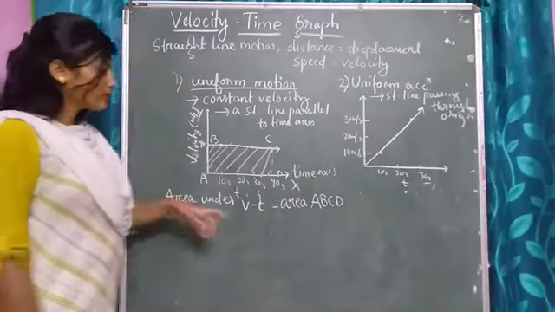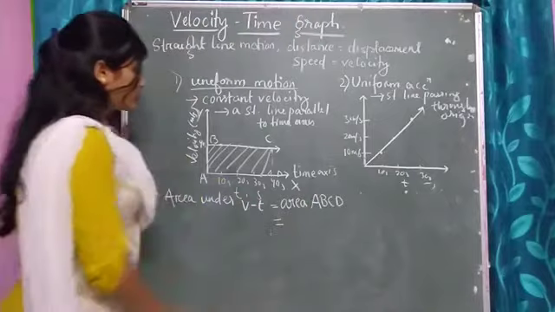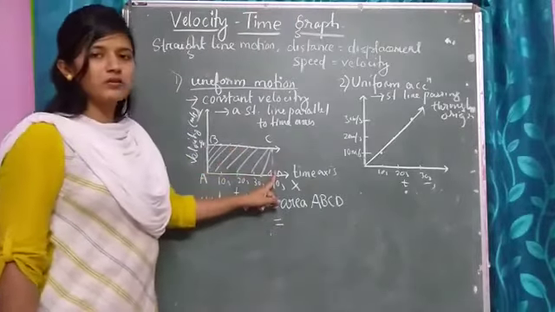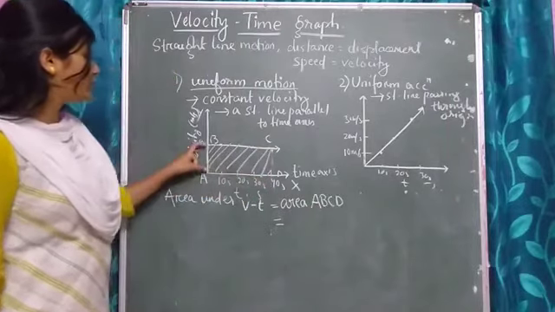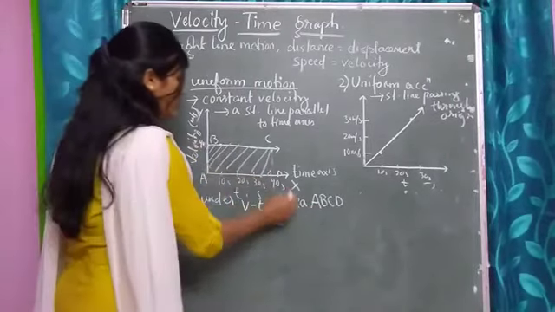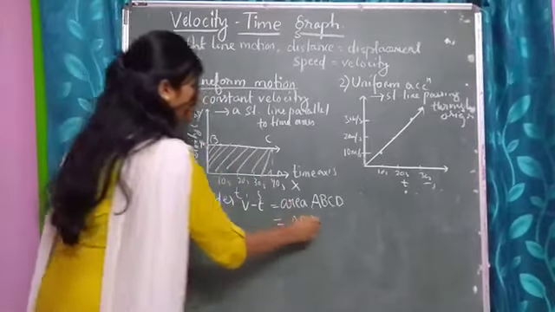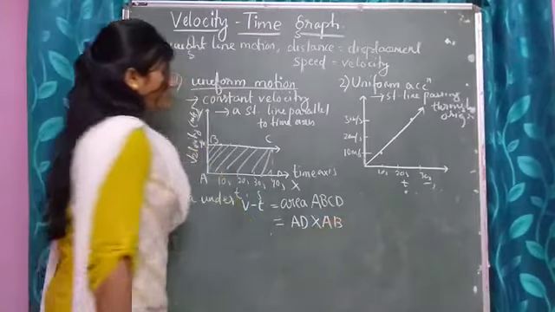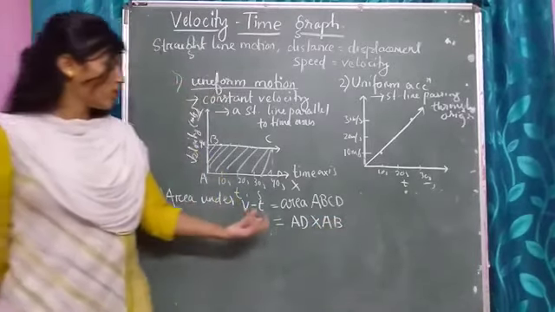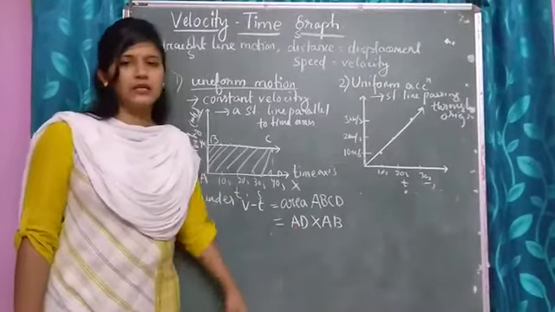So then what will be the area of A, B, C, D? Since it is a rectangle, I can write area of A, B, C, D is equal to length into breadth. Length is AD, and breadth is AB. What kind of physical quantity is given by AD?